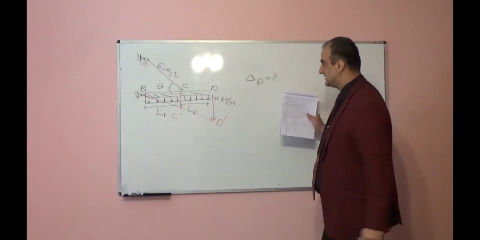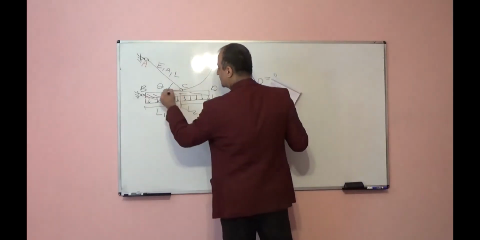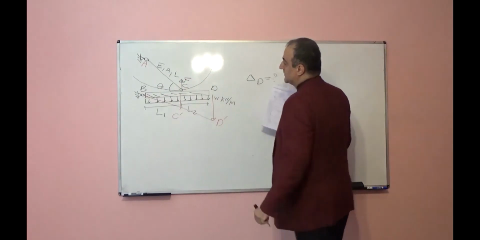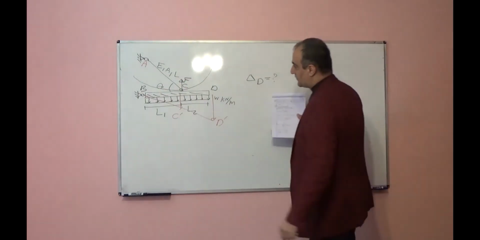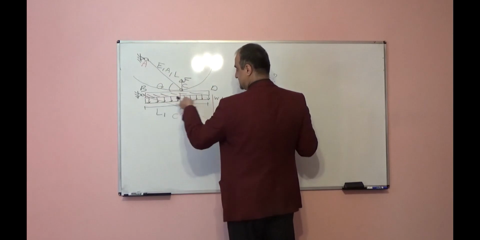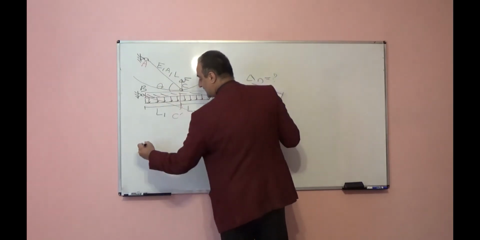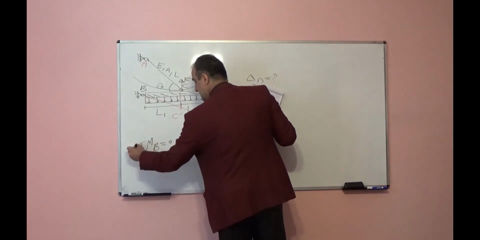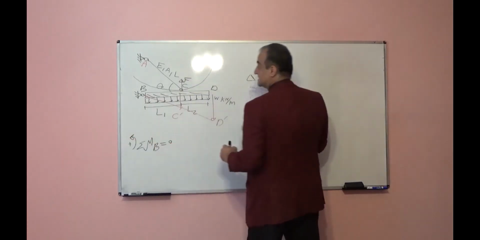It is easy. If we cut this and find the F force here, to see how much force we have in the vertical direction because of this distributed load, I can use summation of moments with respect to point B equal to 0.